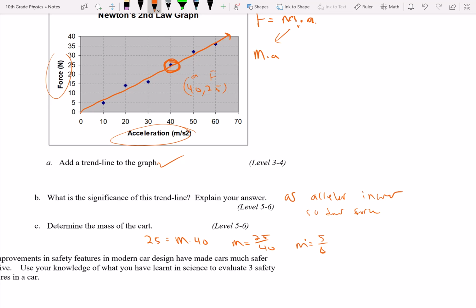Let's see, 5 over 8, 0.625, and that would be kilograms, right, of whatever object that is. Which, if you want to do it in grams, is 625 grams, and it would depend on which point you used here.